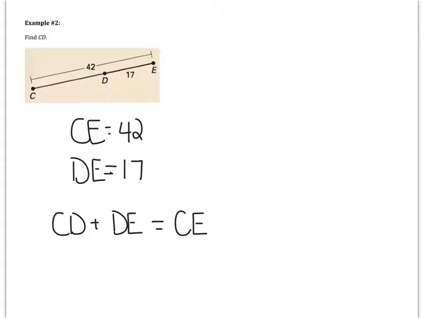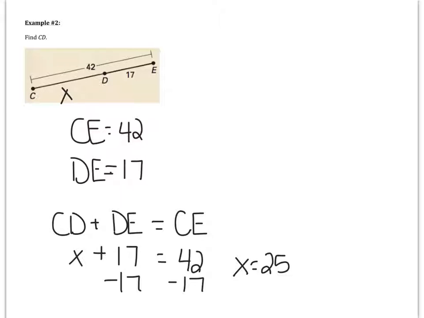So by substituting this in, we know that CE is 42, we know that DE is 17, and we don't know what CD is. So it's just like we're going to solve an equation, which ends up with us just subtracting 17 from 42. So 42 minus 17 would give me an answer of X equals 25. So therefore, CD would equal 25.